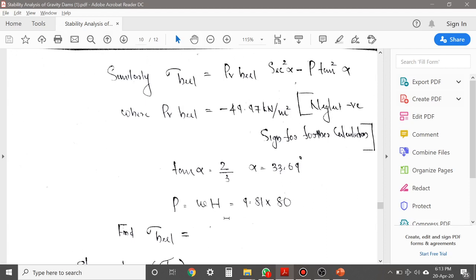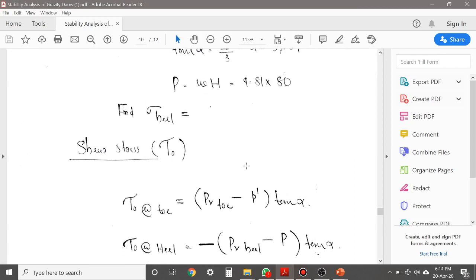Just for the practice, I have given this equation. Since alpha is 0, this is actually not applicable here. You can just practice by putting alpha equal to the same value as downstream, that is 33.69. Also, if your PV heel value is negative, for this particular calculation you can neglect the negative value and do the remaining calculation.